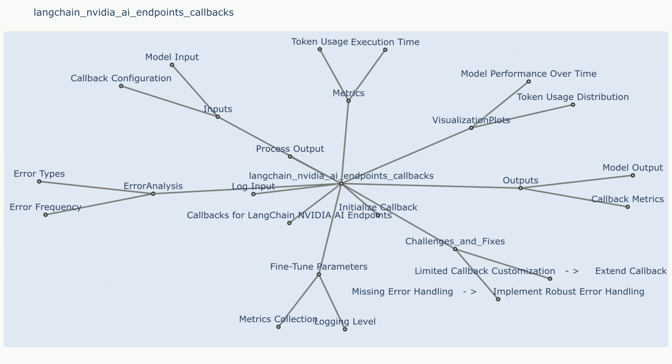Visualization plots: execution time histogram: a plot showing the distribution of execution times for different prompts or tasks. This can help identify outliers and understand the overall performance of the application. Token count scatter plot: a scatter plot showing the relationship between the length of the input prompt and the number of tokens processed.